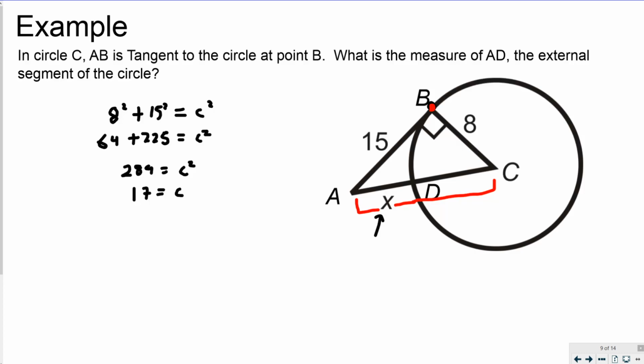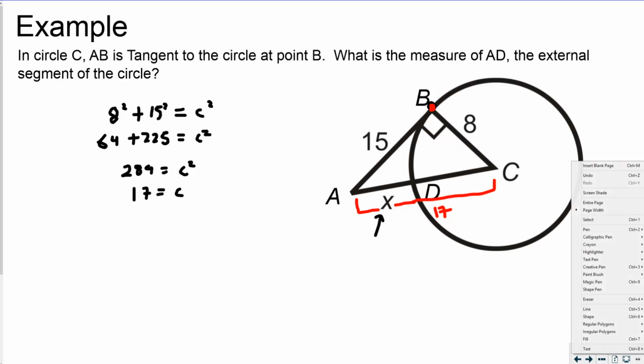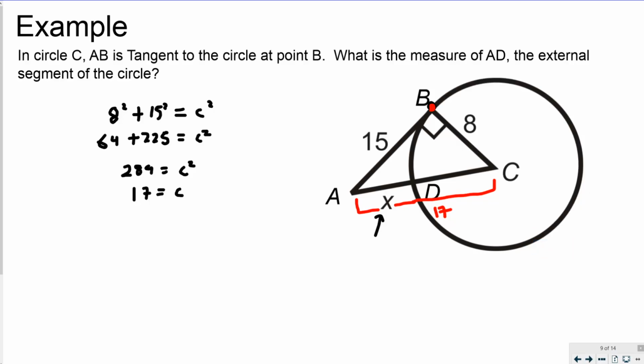Okay, so I know that the entire length here is 17. But I don't know the segment here. I don't know either of these two mini segments. So I'm going to have to do some logical thinking here. I do know that segment CD here in purple is a radius, the same as CB. So if CB is 8, that means that this is 8.